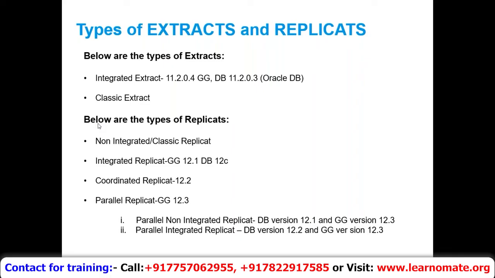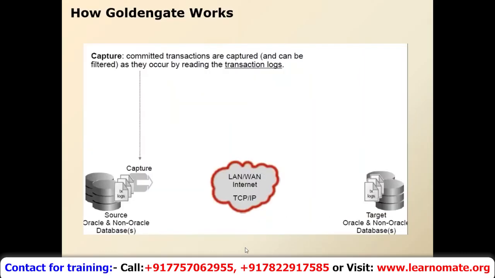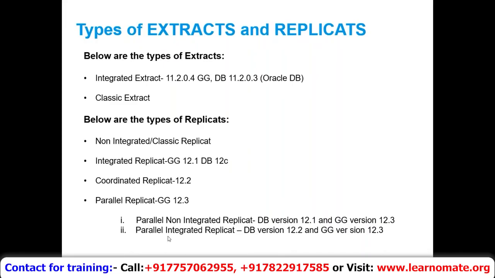Now parallel replicate is very much faster than its contemporary replicates. Parallel replicate is of two types: parallel non-integrated replicate and parallel integrated replicate. The replicates you saw above, non-integrated and integrated, run without parallel. When you run them in parallel, they become parallel non-integrated replicate or parallel integrated replicate.